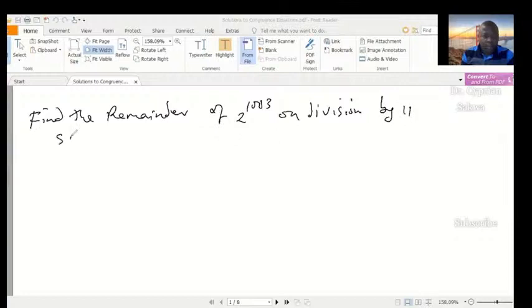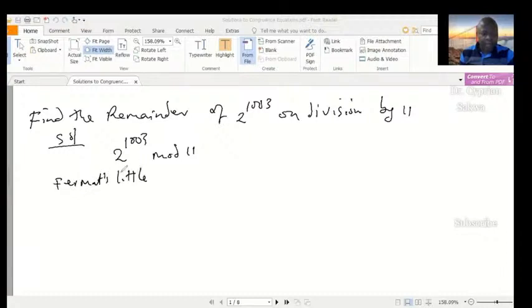So what this means mathematically is: find 2^1003 mod 11. So I want to see whether I can use Fermat's. This is a prime number, and this prime number cannot divide 2, and therefore Fermat's little theorem can be used.